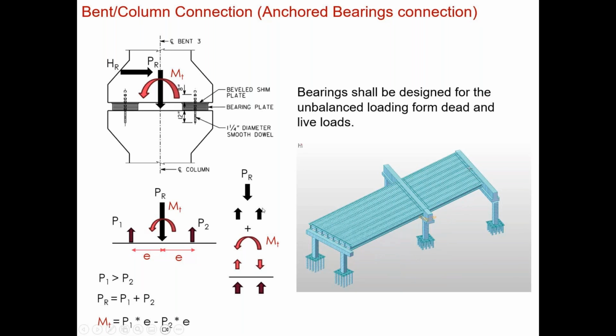If you sum up the forces here, you end up with two unequal compression loads on those two bearings, which is a good situation, as you don't see tension on one of the bearings. This was the case for the bents that we'll be talking about shortly in this project. All the service loading combinations resulted in a situation like this, having two unequal compression loads, which is great, not to have any tension loads in service conditions at least.